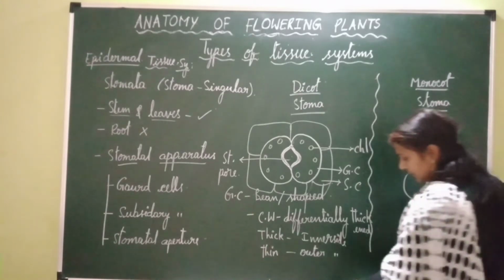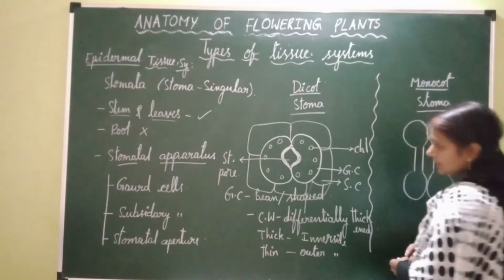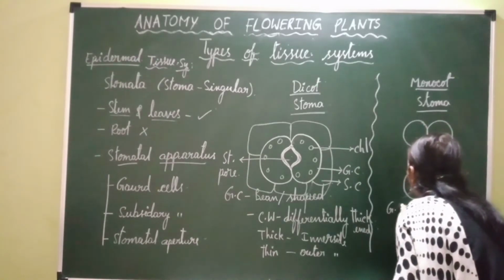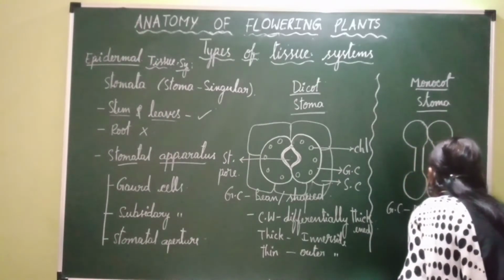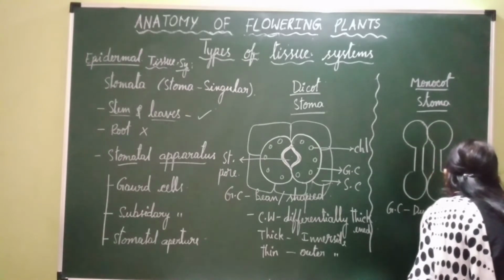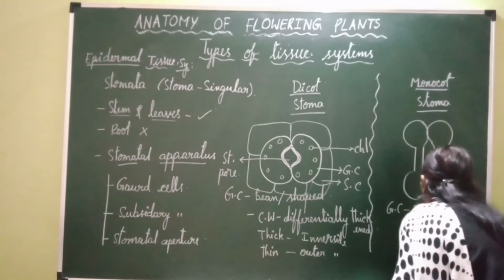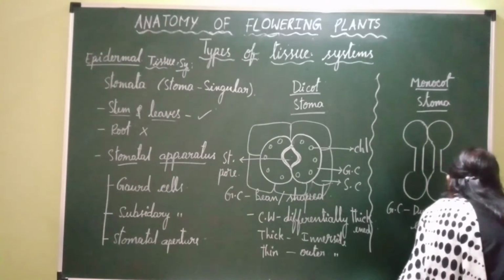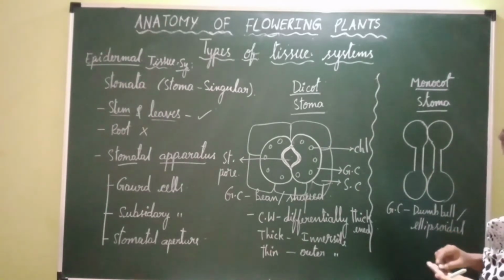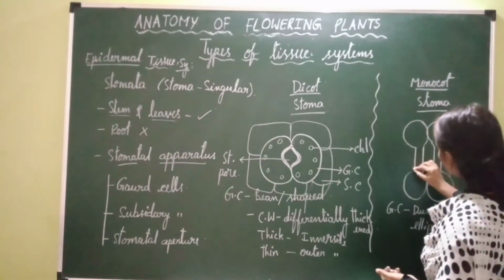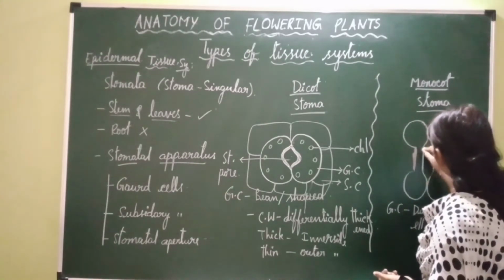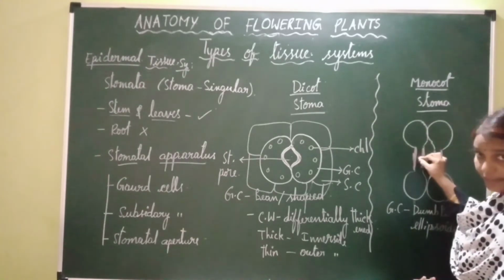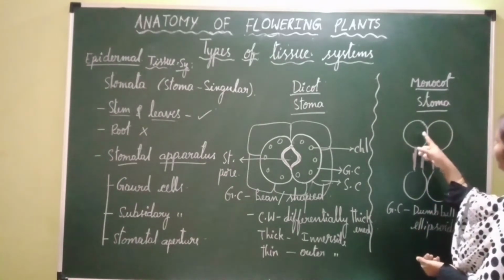So guard cells are dumbbell shaped or ellipsoidal in shape. And again, the cell walls of these guard cells are differentially thickened. It is thick at the center but thin towards the periphery.